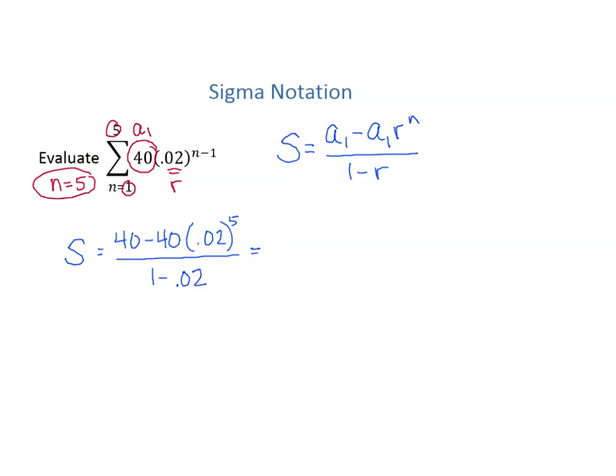So this is going to be a really small decimal here. 40 minus, I'm going to do 0.02, raise it to the 5th, and I got a very, very small decimal with a 32 at the very end. And I'm going to multiply that by 40. And I get 1, 2, 3, 4, 5, 6. It's a lot of zeros. I get it.